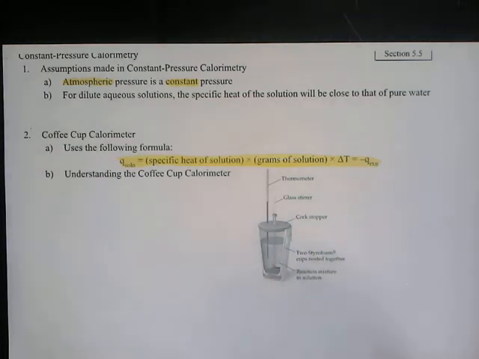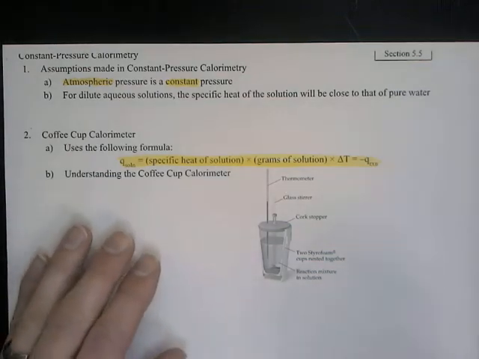Well, we've already viewed our calorimeter, and that calorimeter is something that we set up on the tabletop or bench top of our lab, and our lab is going to be at constant pressure. So what that means is our delta H equals our heat change at constant pressure.